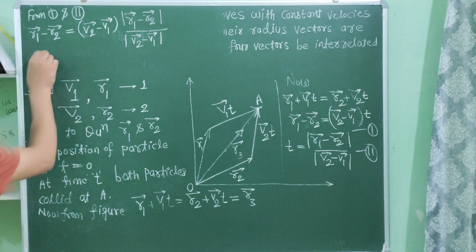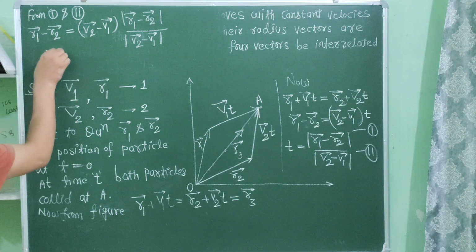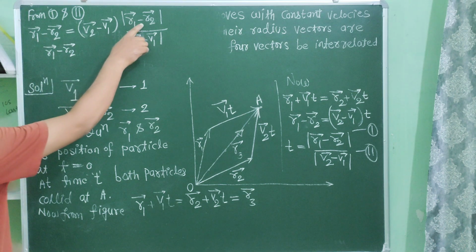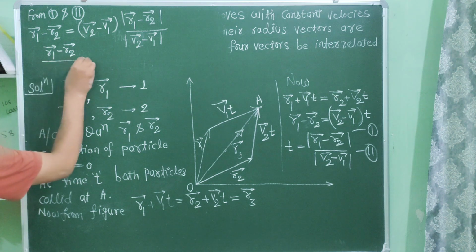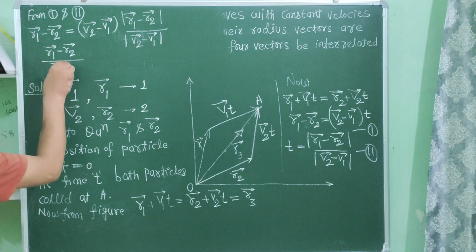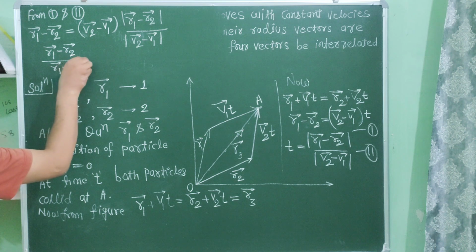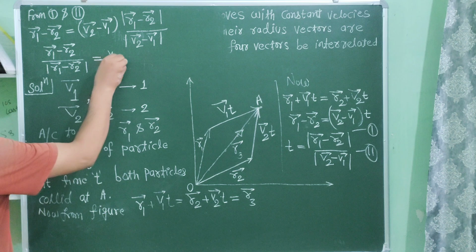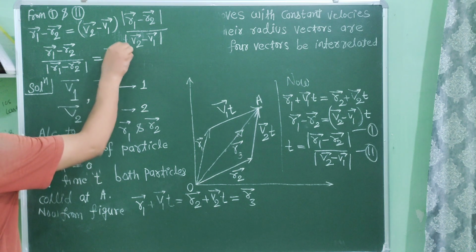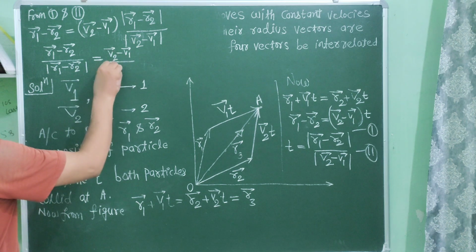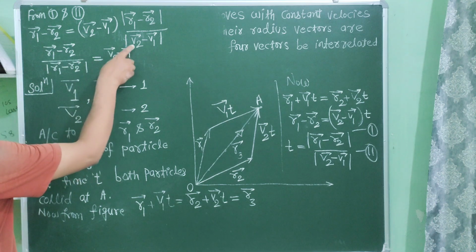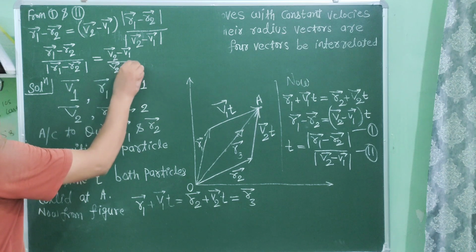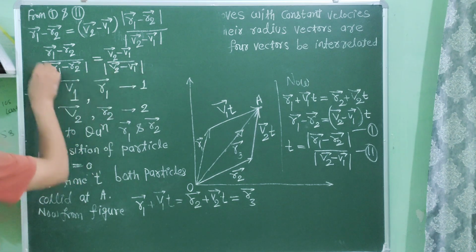Now, R1 vector minus R2 vector, the modulus of this vector comes here. R1 vector minus R2 vector modulus equal to V2 vector minus V1 vector divided by modulus of V2 vector minus V1 vector. This is the correct relation.